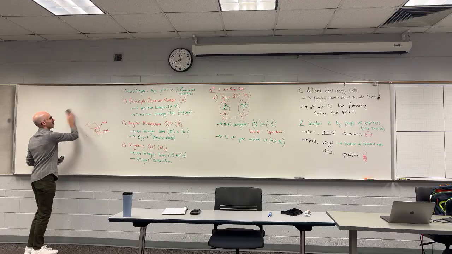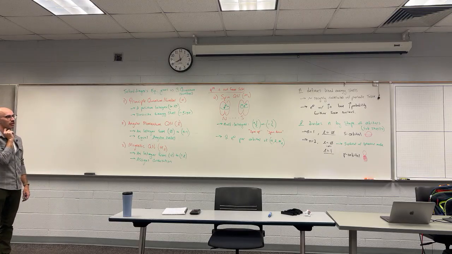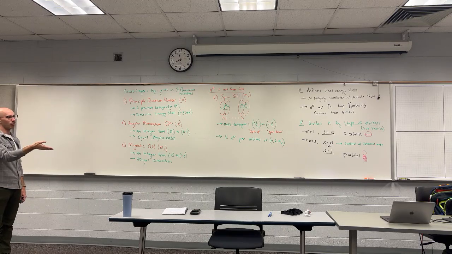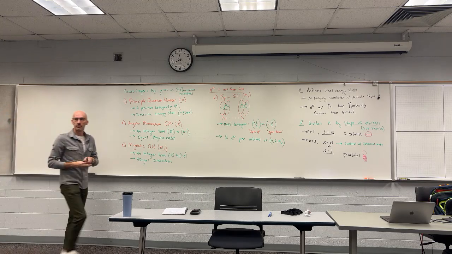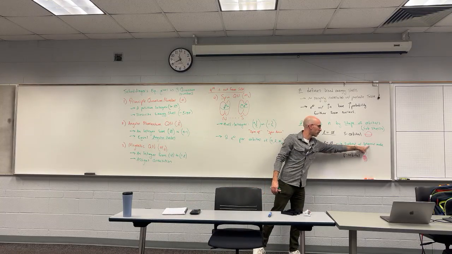How many nodes does L equals 0 have in N equals 2? 1. How many nodes does L equal 1 and N equal 2 have? 1. But they're different types of nodes. N equals 2, L equals 0 has a spherical node, just 1.